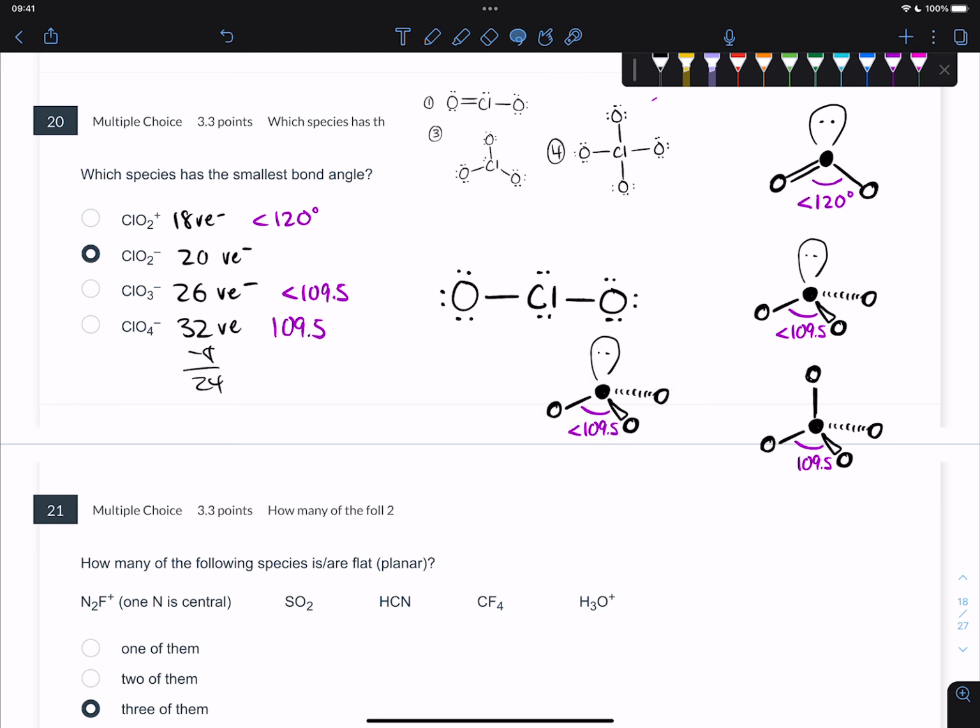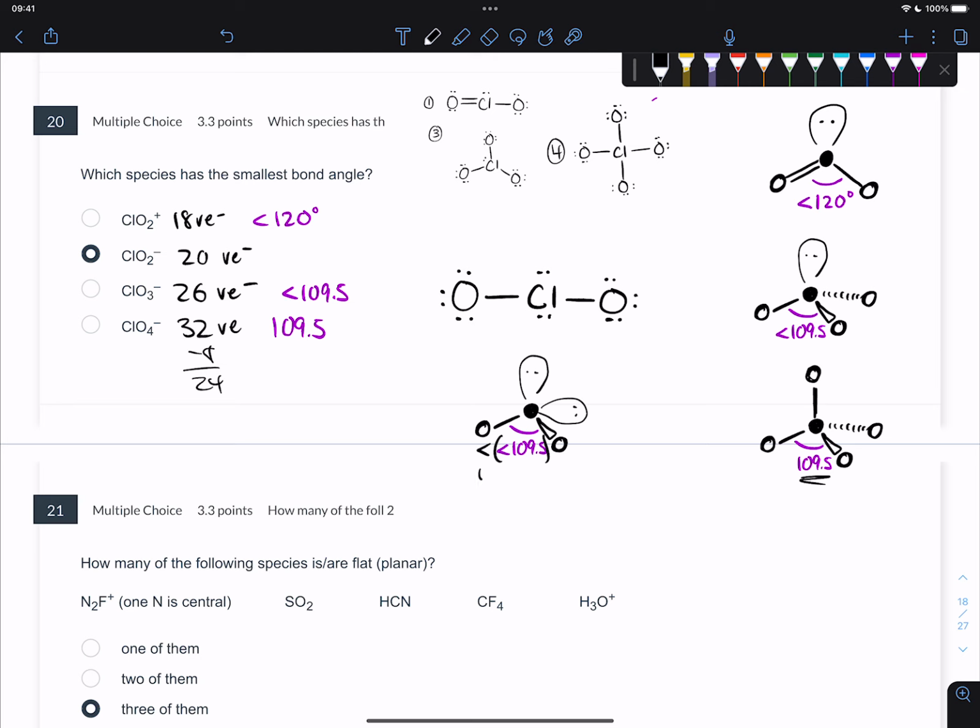I can duplicate. To draw this one out, I would add another lone pair here off in the back, and this is even less than that. I really don't like the less than and then less than. I prefer real numbers, but it does vary.